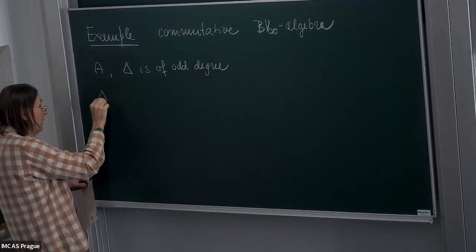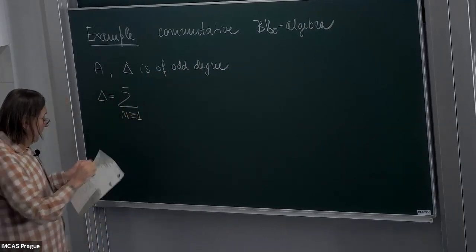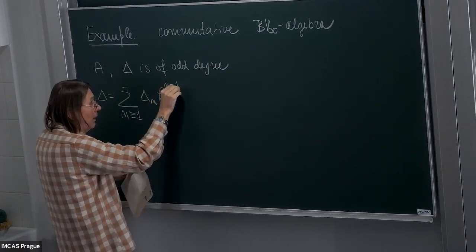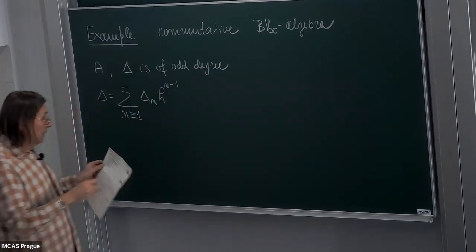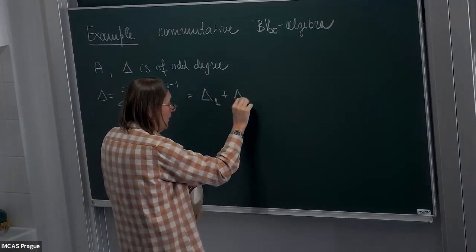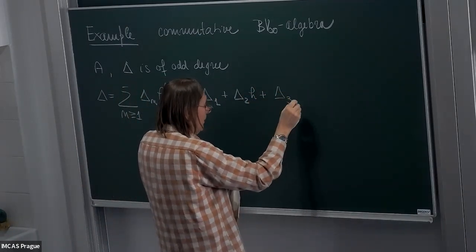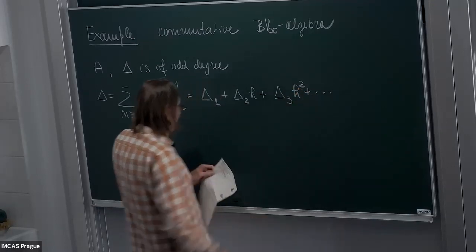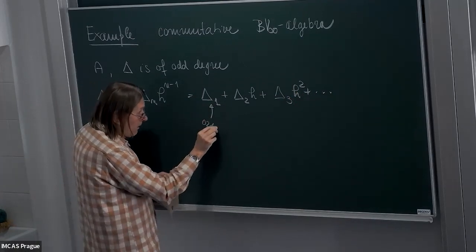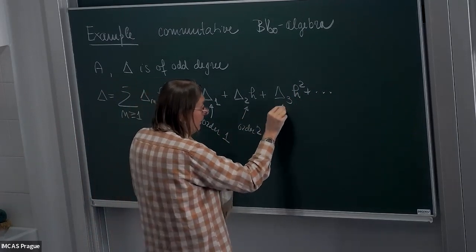And I require that delta is of the following form, a summation of things like delta_n h^(n-1), where h is a formal variable, namely something which starts from delta 1, then goes delta 2 h, plus one more term, delta 3 h squared, and so on. And this is a differential operator of order 1. This is of order 2. This is of order 3, and so on.